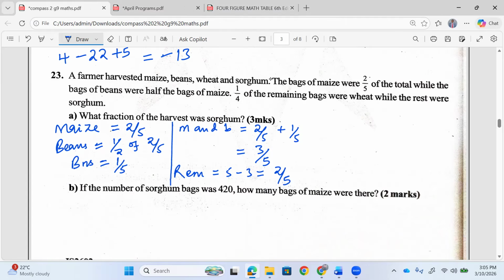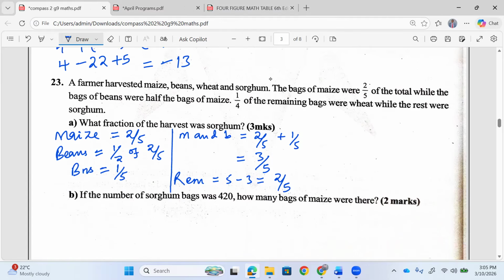So now with these fractions, a quarter of the remaining went to wheat. So wheat takes a quarter of the remaining. A quarter of the remaining means 2 over 20, which is 1 over 10. So 1 over 10 went to wheat.